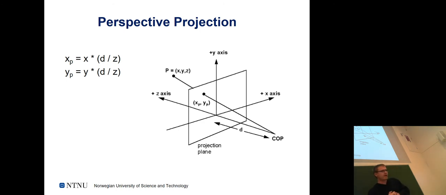So if we project, for example, an object in the distance onto a 2D plane, we determine the point x simply by dividing the distance from the plane by the actual z value, meaning the distance to the object from the observer's point of view.